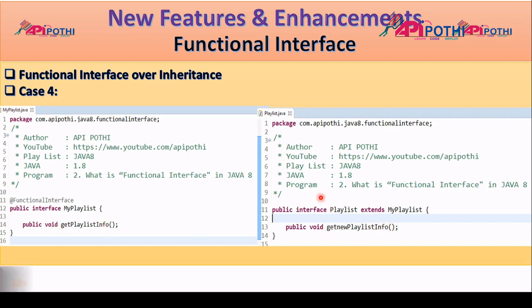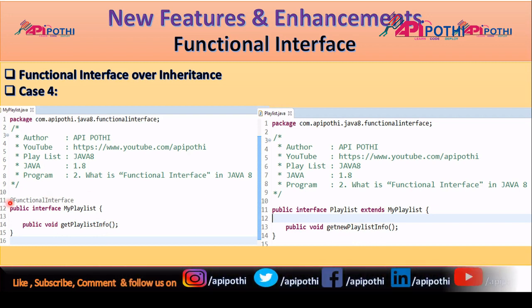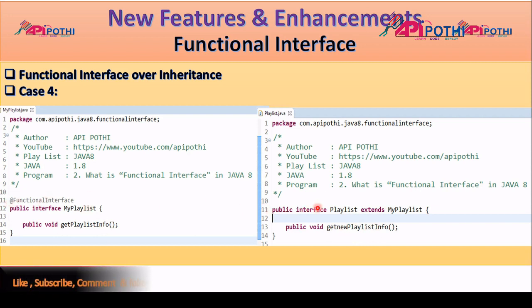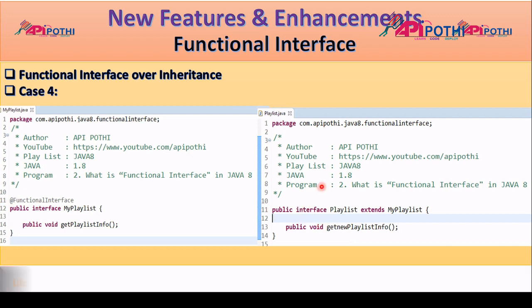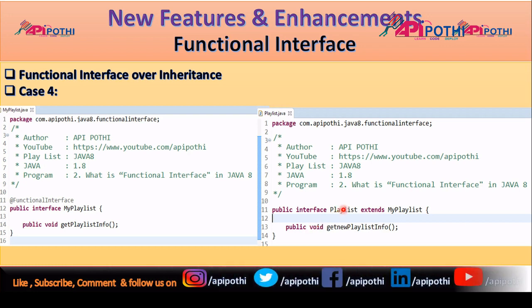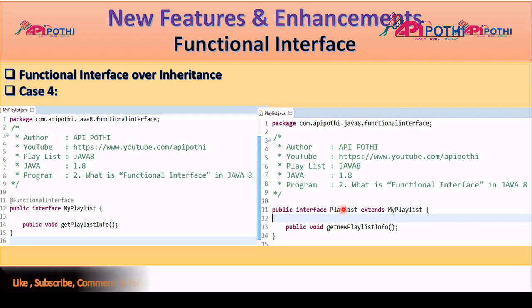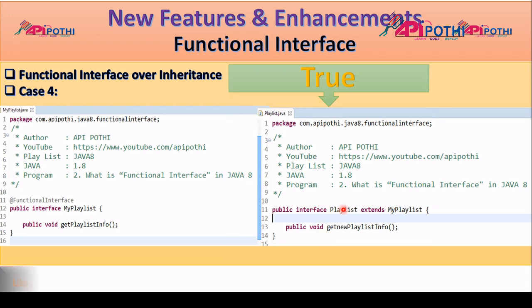So obviously this is not a functional interface as per the rule. Since it is not mapped with @FunctionalInterface, we are not getting a compilation error, and the user coded this just not to have Playlist as a functional interface. So this is obviously perfectly fine. Okay, so it goes as true.